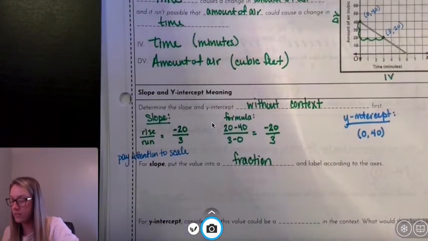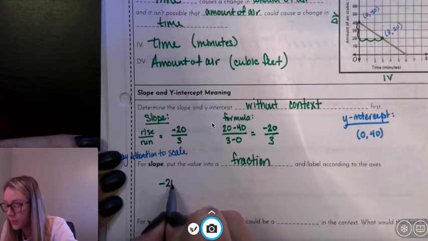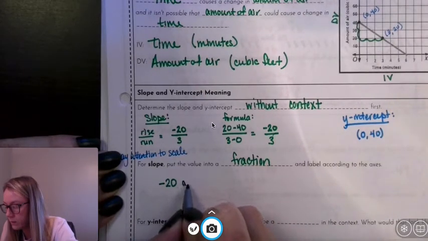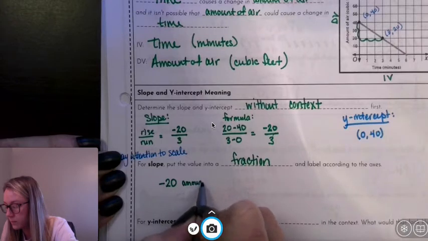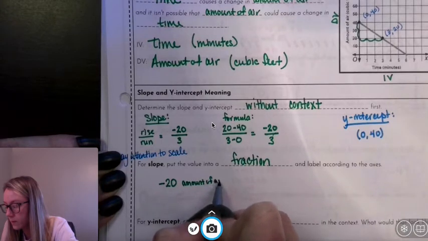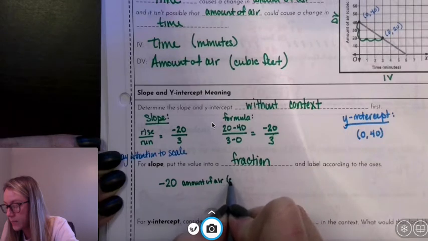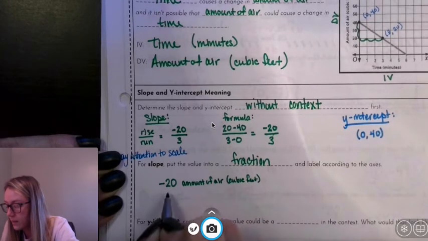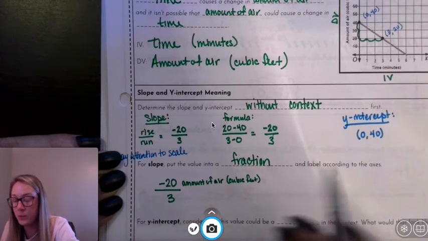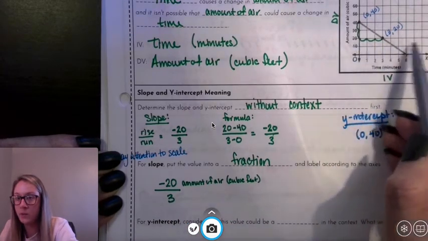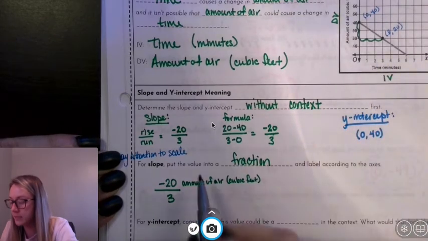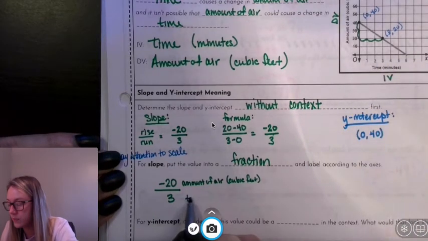So when we have the negative 20, that was the amount of air in cubic feet, over 3, which was our run, and our run was horizontal, and the horizontal axis is labeled in time. So this is our time in minutes.